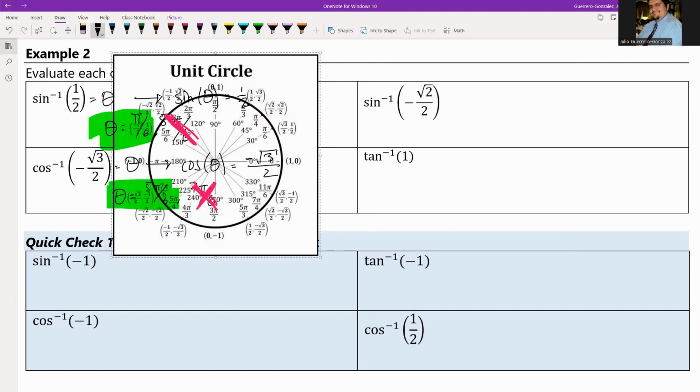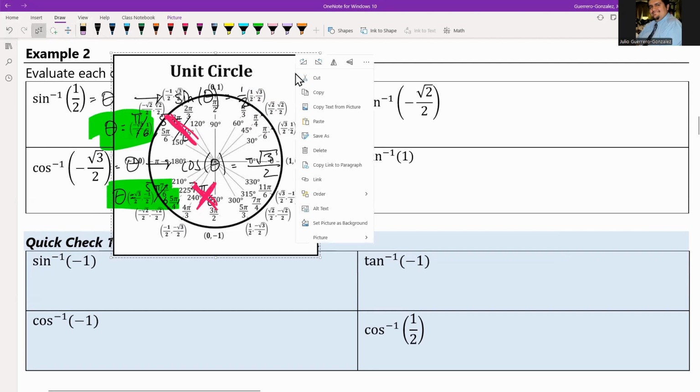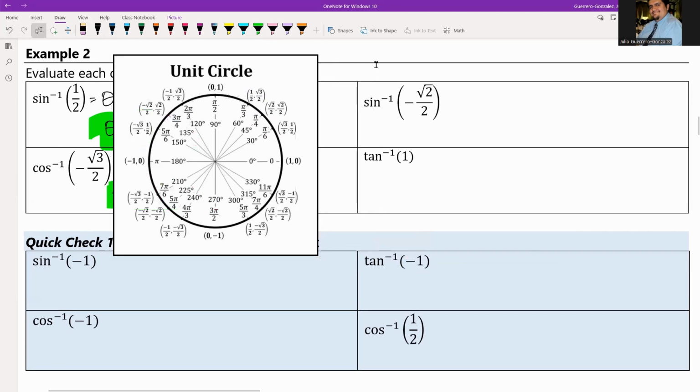Let me bring this to front. There we go, cleaned up everything. Doing this again: sine of some angle theta has to be negative root 2 over 2.